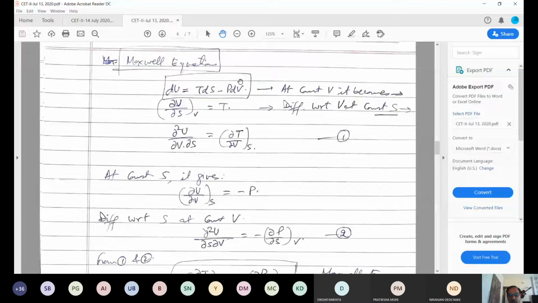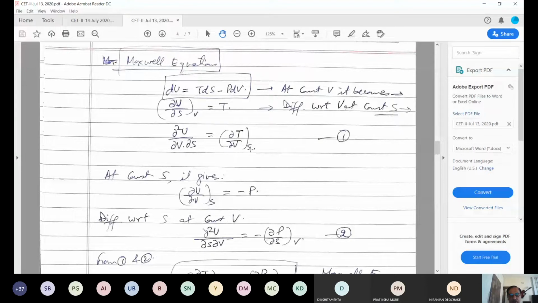These are the two variables, U as a function of V and S. So we get ∂²U/∂V∂S is equal to ∂T/∂V at constant entropy. Similarly, in the same equation, now we take constant entropy, so dS becomes 0.